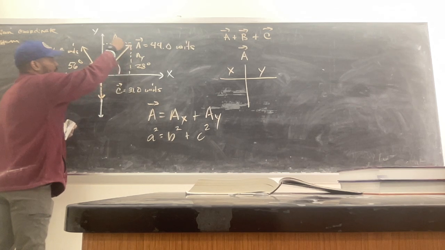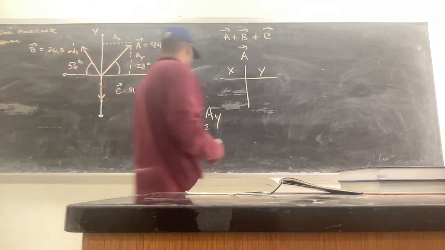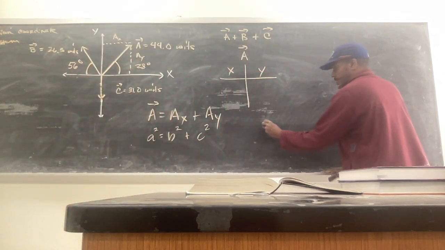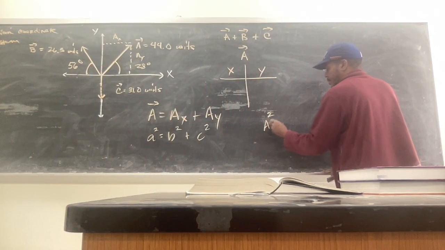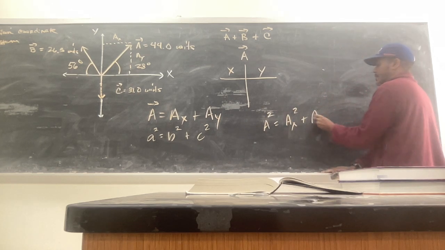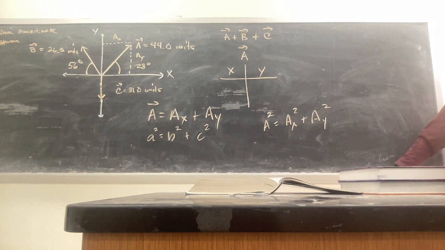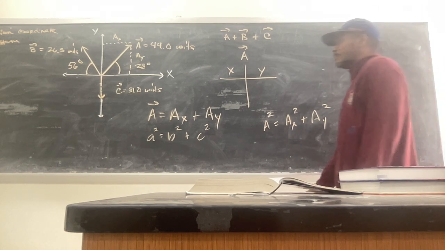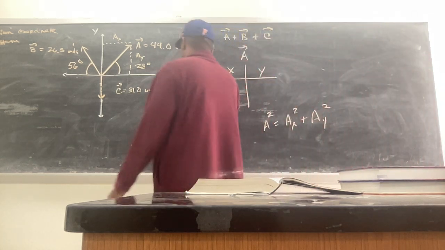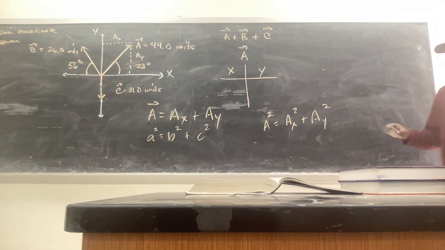And then I have A sub x squared plus A sub y squared is equal to A squared, right? A squared equals A sub x squared plus A sub y squared. Pythagorean theorem. So that's how they're related.